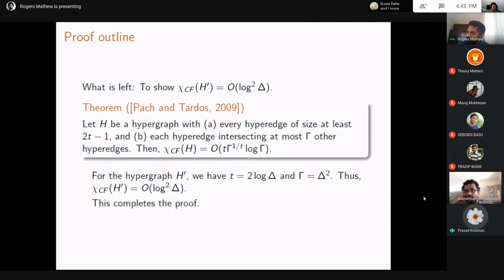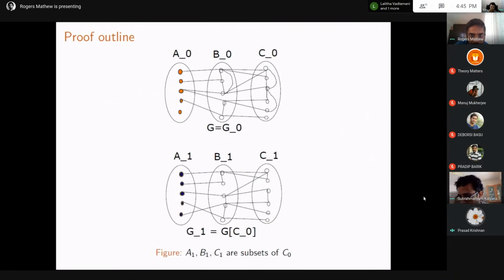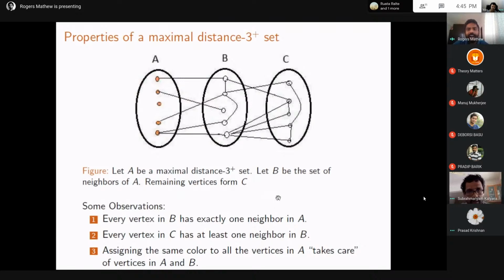So in your picture, whatever you have like A, B, and C vertices, it is as though the set C is of very small size, basically. We can't really say that, right? Visually it may look like that.